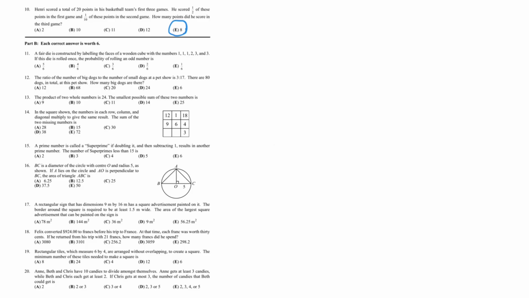Number 11. A fair die is constructed by labeling the faces of a wooden cube with the numbers 1, 1, 1, 2, 3, and 3. If this die is rolled once, the probability of rolling an odd number is... Probability is always the expected events over all events. In this problem, the expected event is an odd number.